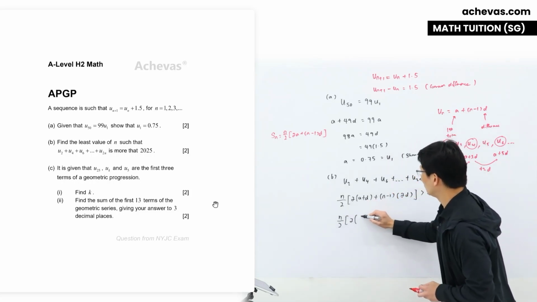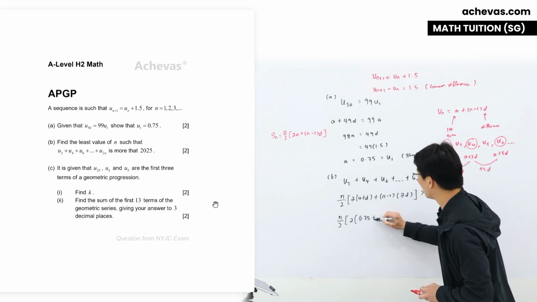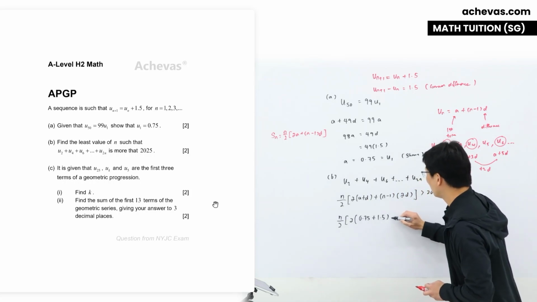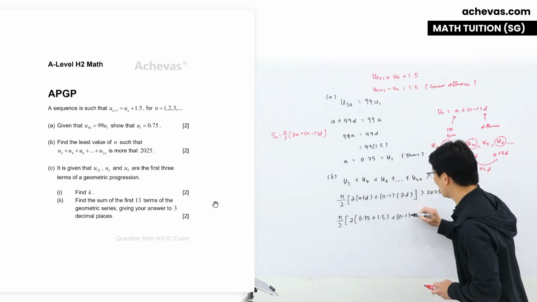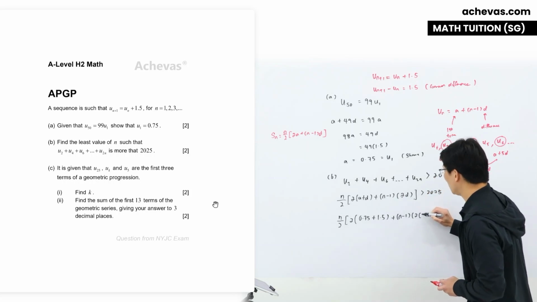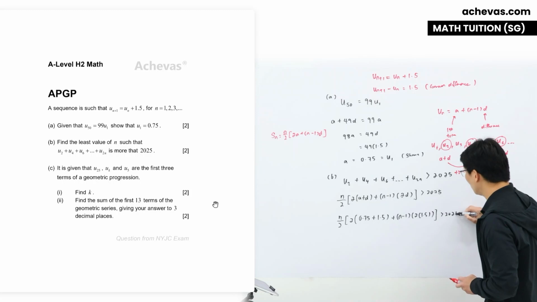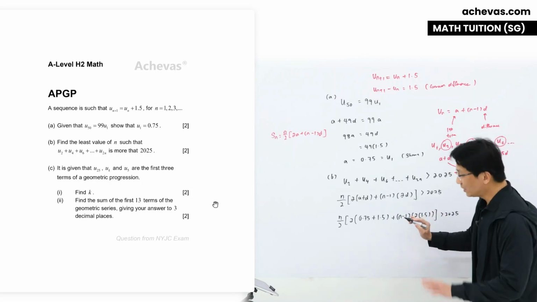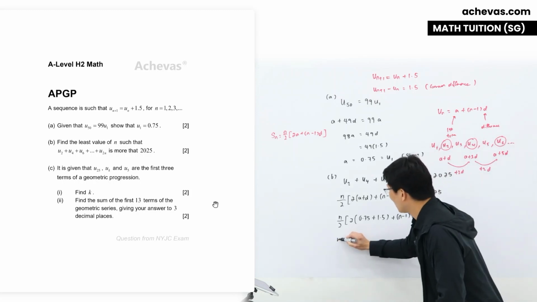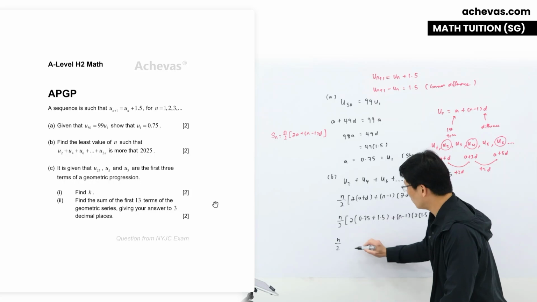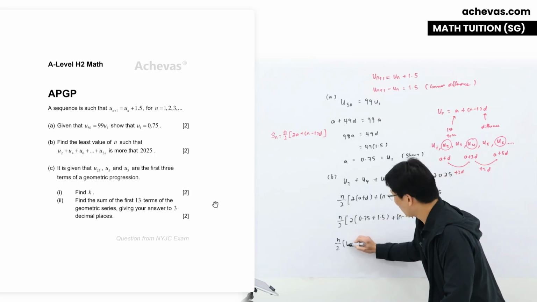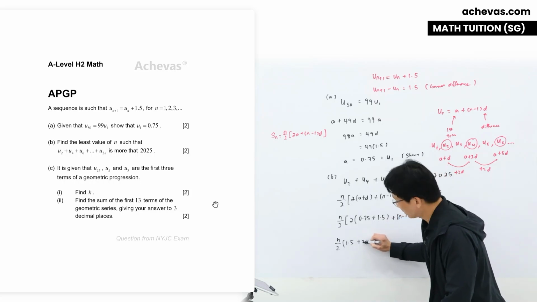So a will be 0.75 plus 1.5, plus (n minus 1), and this d is equal to 1.5, greater than 2025.